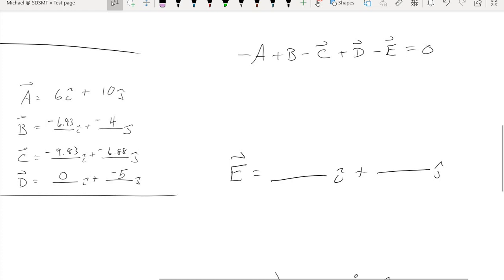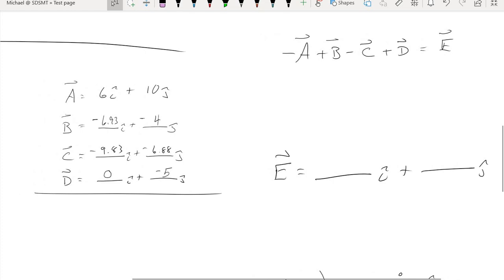Well, it's actually a very straightforward algebraic expression. I'm trying to get E to equal something, so why don't we go back up? Sorry, I forgot some of my arrowheads there. Why don't we just go back up to this top equation and move our E vector over to the other side. And once we do that, I now have an algebraic expression that tells me what vector E has to equal.